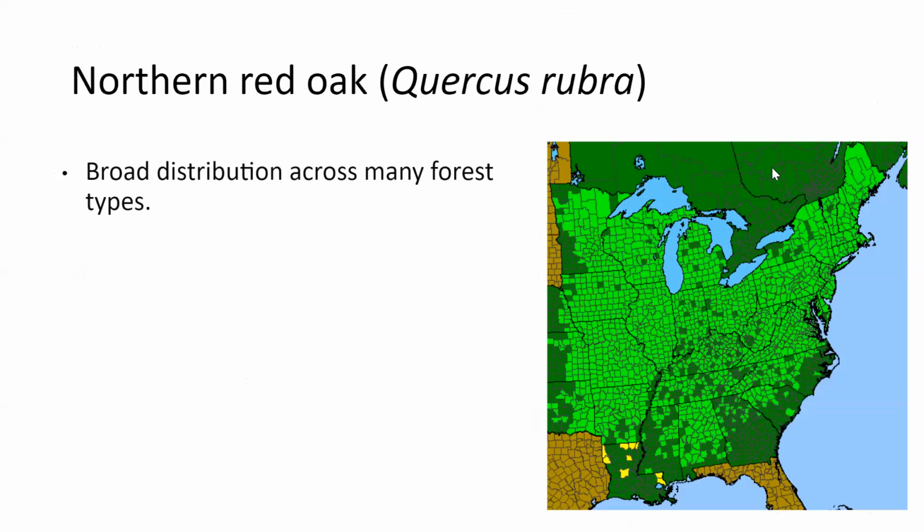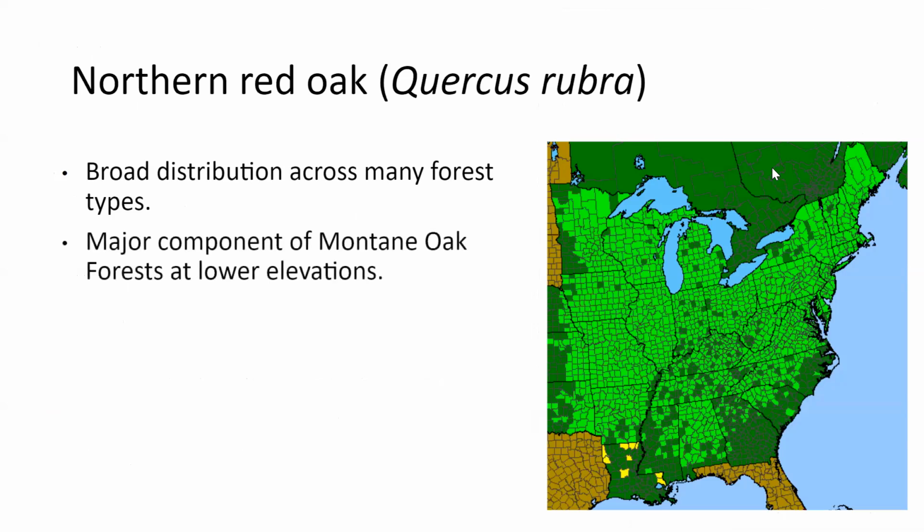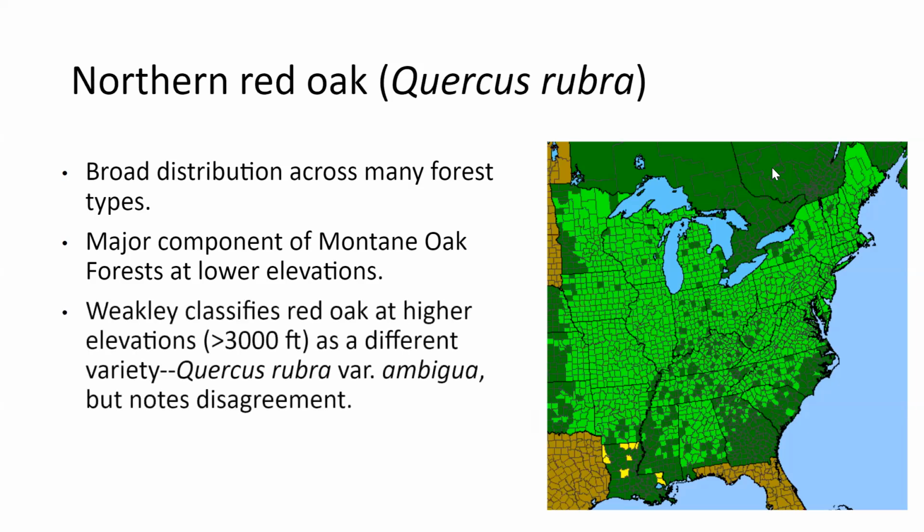And so if we look at this, northern red oak has a very broad distribution. It's found in lots of different forest types and is a major component of montane oak forests. So at the lower elevations, we see plenty of Quercus rubra, but as you get higher, if you look at all the oaks that are around you, you'll have mostly just Quercus rubra.